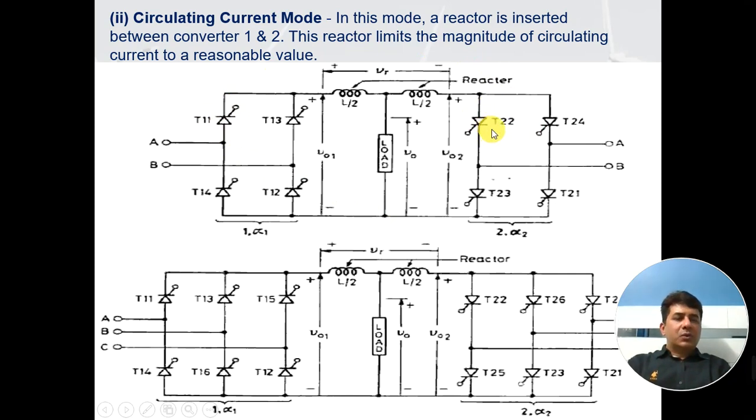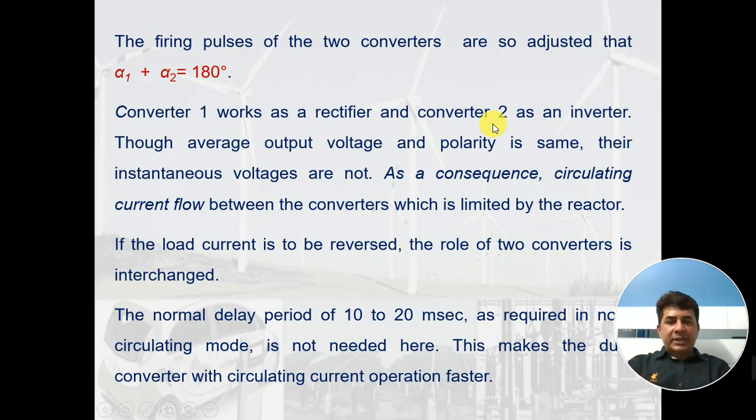Now if you wish to reverse the current, if you wish that this firing is moved from 60 to 120 and this firing is moved from 120 to 60 degrees, this can be done immediately. The current in this case can be reversed immediately.